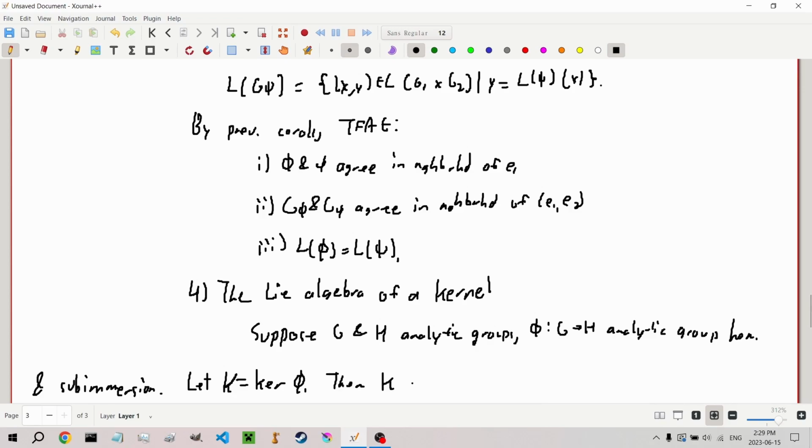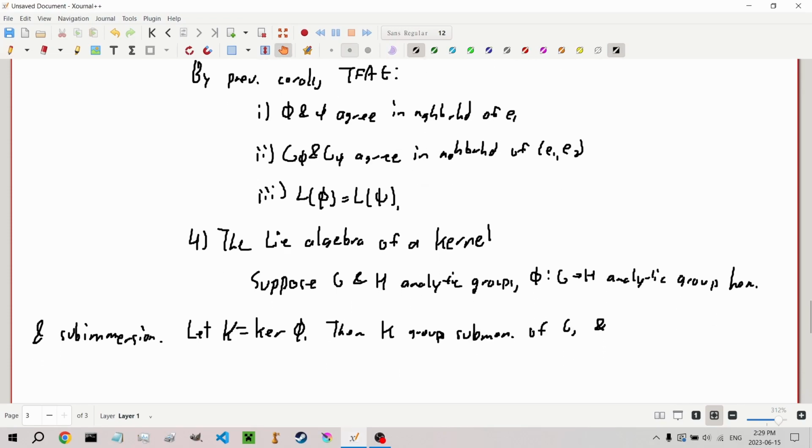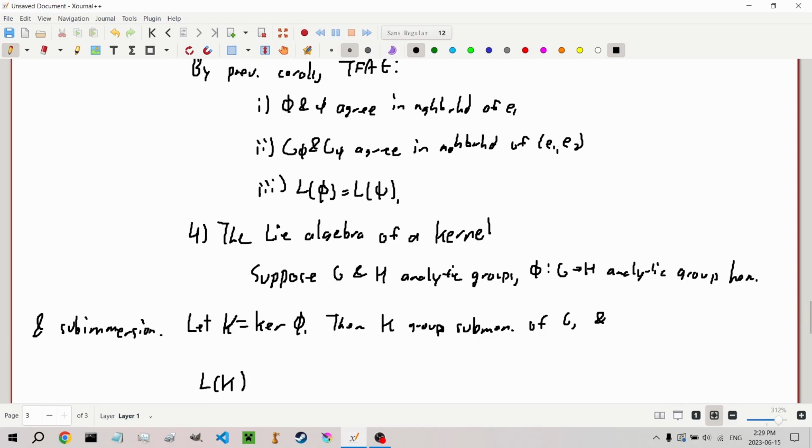Then K is a group submanifold of G, and L of K is the kernel of the tangent of phi, which is going to be X in the Lie algebra of G, where L phi of X is 0.